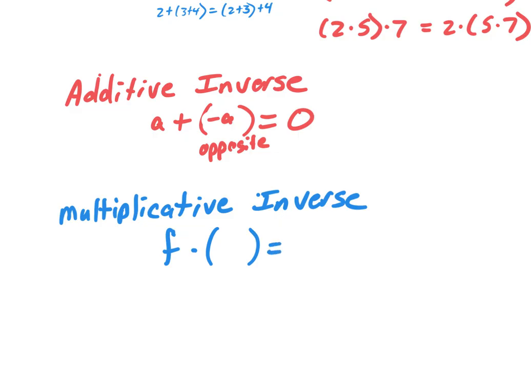Okay, and we want to end up at the identity, okay? 1 is what we call the identity for multiplication. Because remember up above, if we multiplied any number times 1, we always got back to that number, right? So now we're kind of looking at it a little bit differently. We're saying, okay, here's a number that I'm starting with. What do I have to multiply by that number to end up at 1?